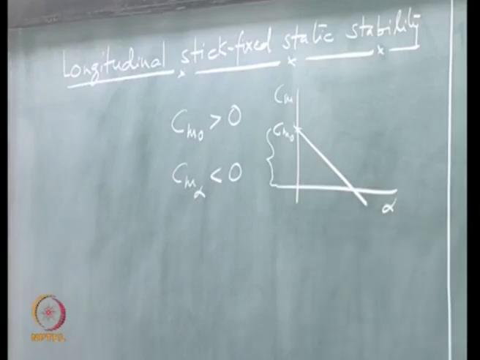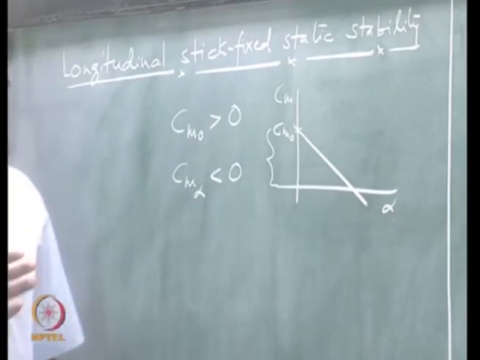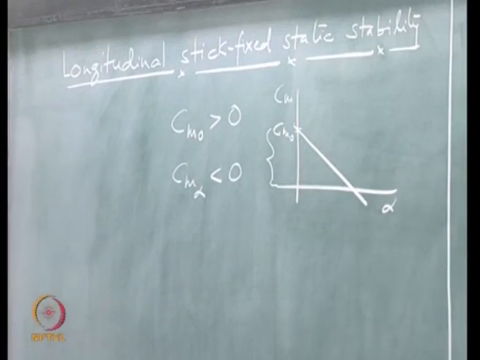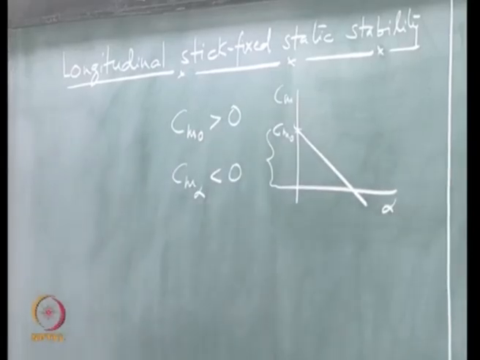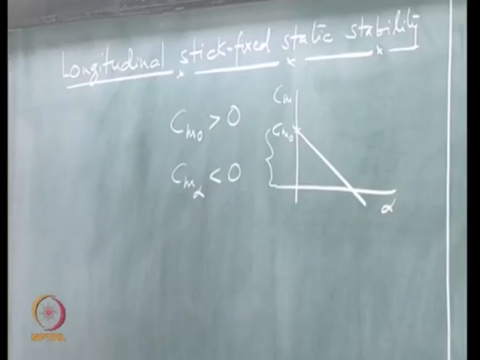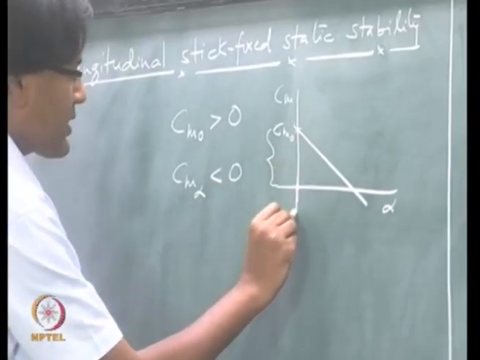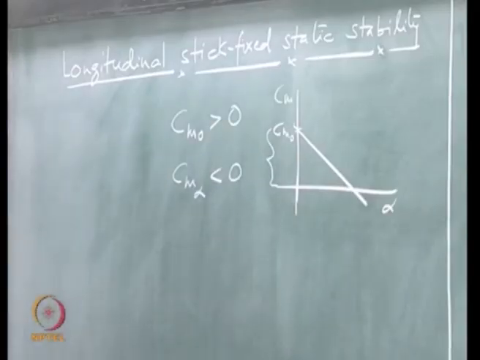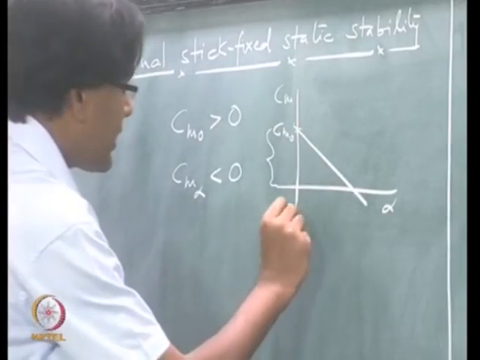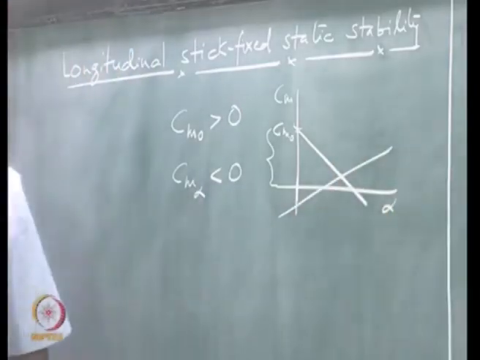In the last class, we looked at a conventional airplane where the wing airfoil is supposed to have positive camber for higher lift, and for the CG to be located behind the aerodynamic center of the wing. We saw in the last class that the graph of the wing alone contribution, wing alone Cm versus alpha curve, looks something like this, right.